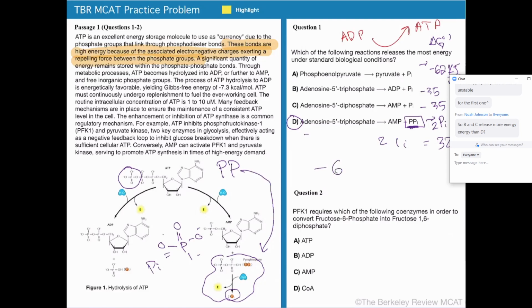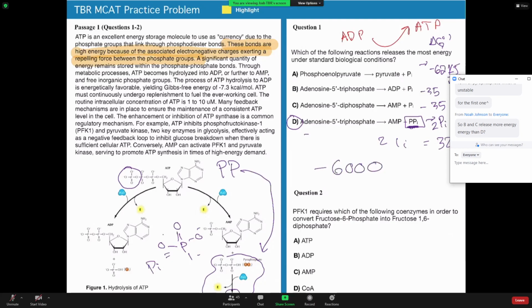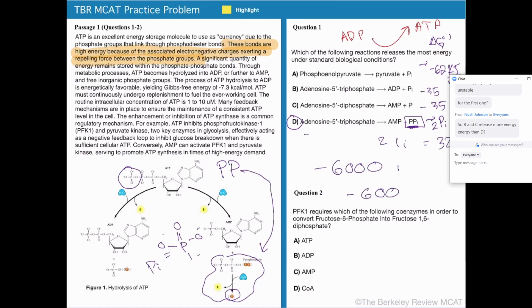Negative 6,000 is release of more energy than negative 600. So then here, B and C release more energy than D.